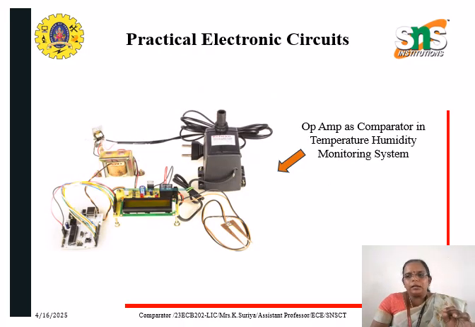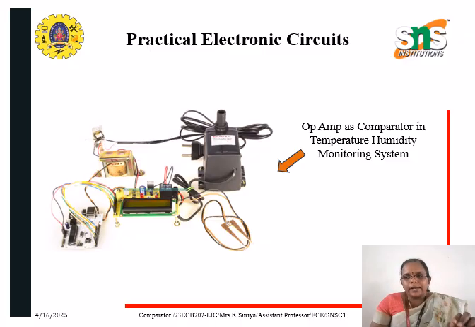One practical circuit is shown here, which is the application of op-amp as a comparator. So here it is used for temperature and humidity monitoring of the soil based on wireless sensor networks for an automatic irrigation system that controls the switching operation, that is on or off operation of the pump by sensing the moisture of the soil content.